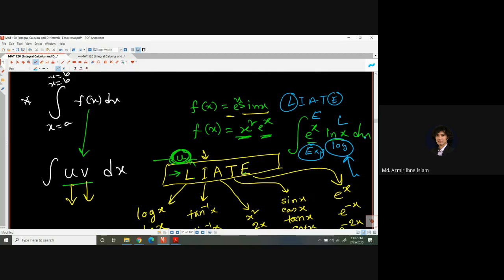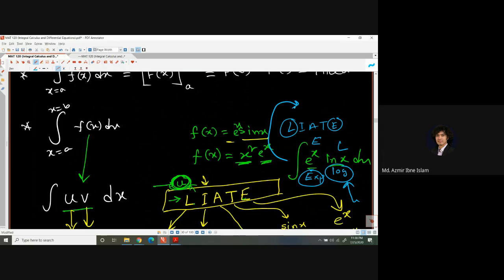So in the next part we can rearrange this as the integration of natural log of x e to the power x dx. So we can make this change. Now we can easily understand that this is u and this part is v.